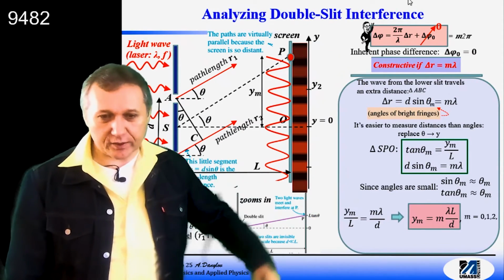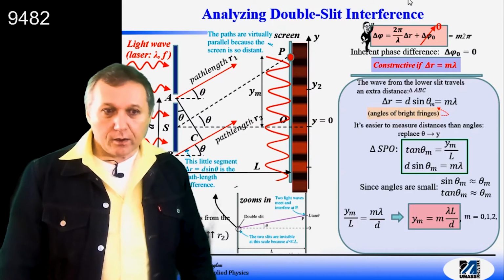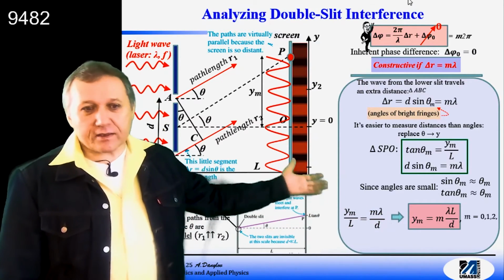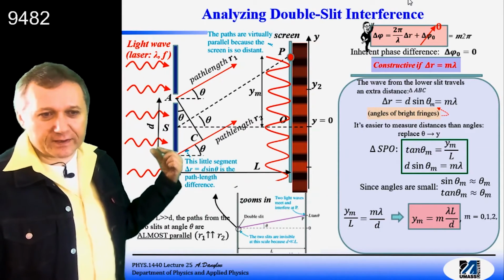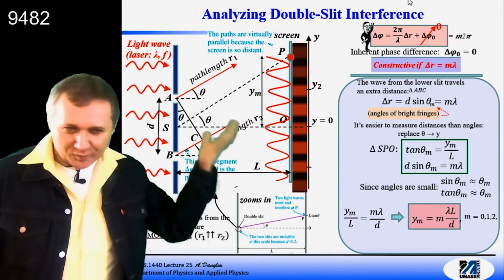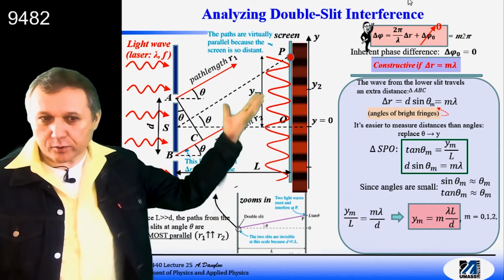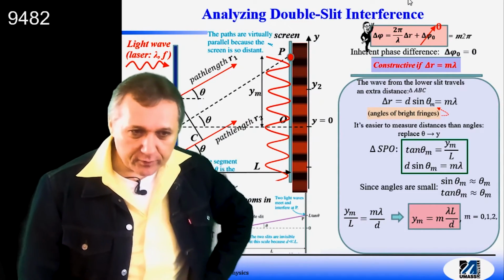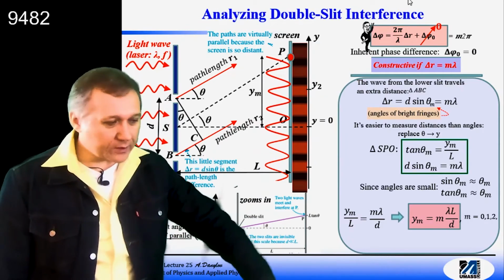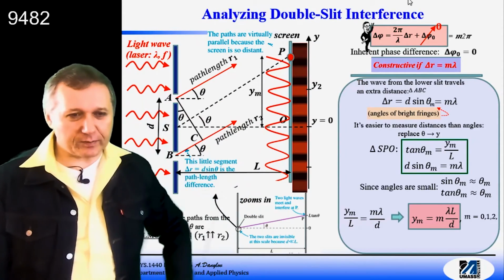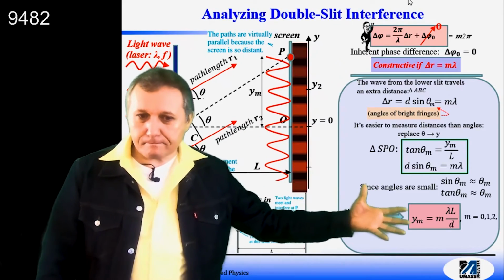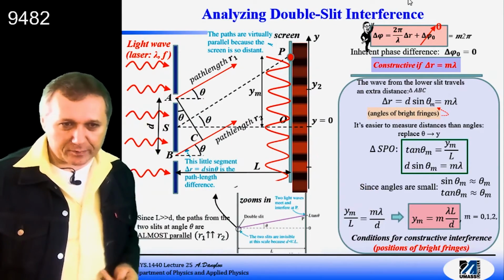Again, that's for bright spots. How can this be used, for example? Let's say the wavelength of the laser is not visible, or is not known. Here you can use this to measure the wavelength of the laser. But in a few minutes, I will tell you about the sort of problems with this setup.